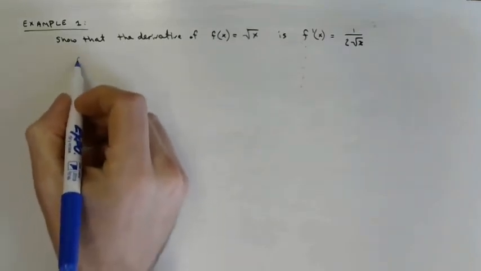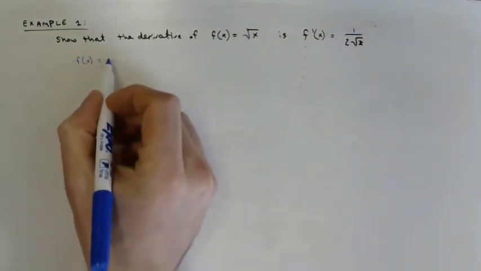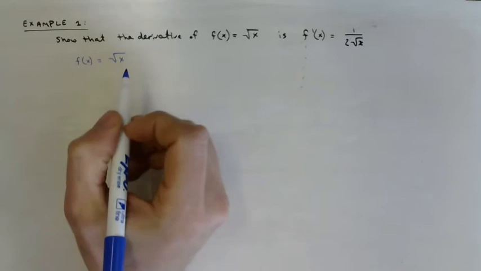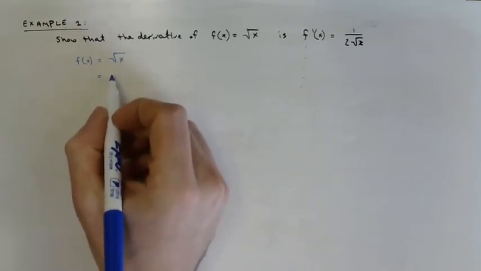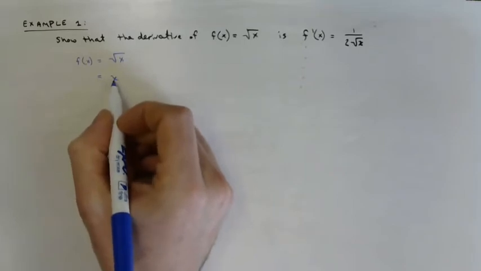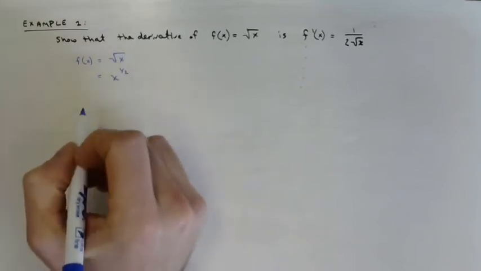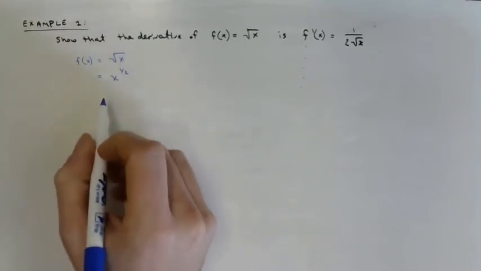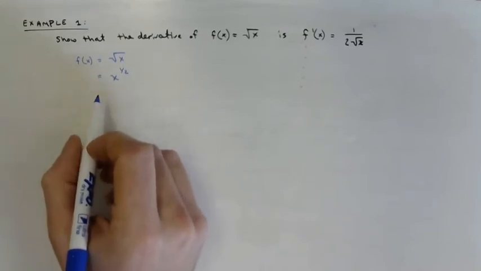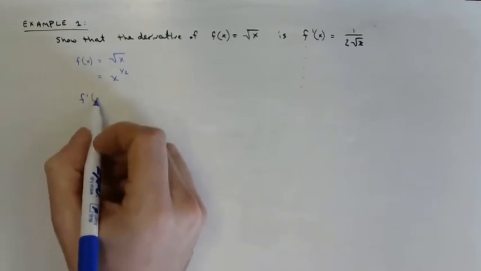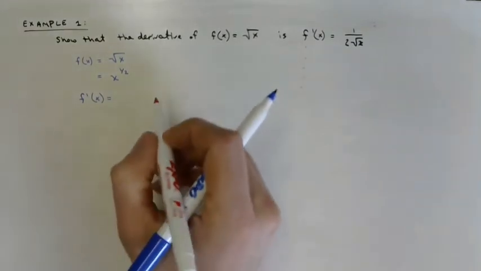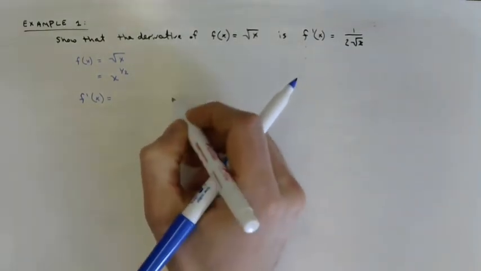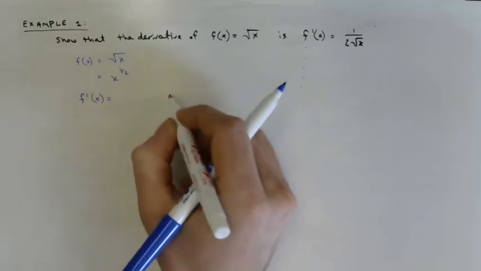So if we start with f of x, which we're told is radical x, and we go from square root form into exponent form, we end up with x to the power of 1/2. So now all we need to do is differentiate that, which means we're finding f prime of x, and we are applying the power rule because we have an exponent.